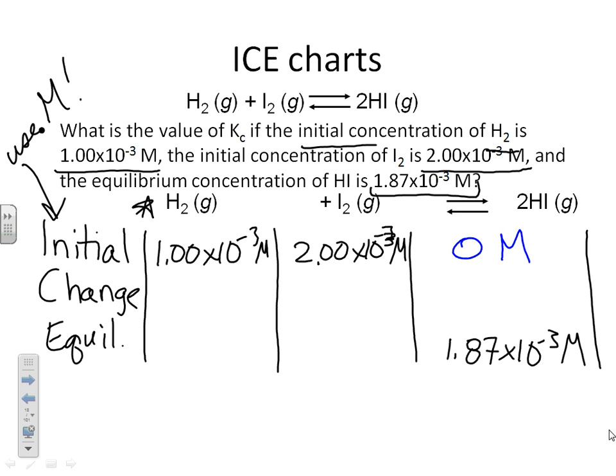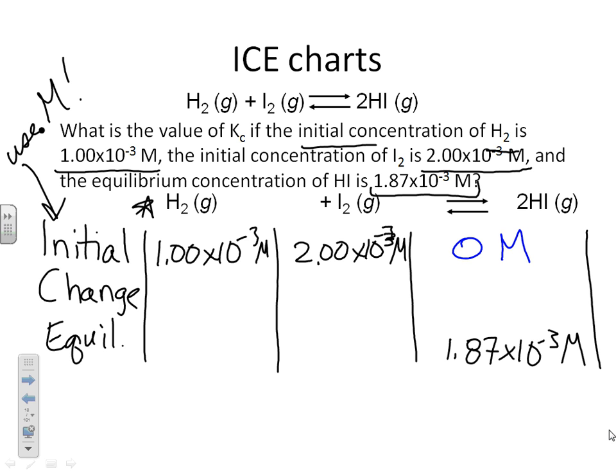We will get to questions later on where we are starting with product, but the problem will very explicitly tell you that. So if the problem says nothing at all about starting with a certain amount of product, you know that you are starting with 0, that you have nothing, no HI to begin with. Basically, we're starting with the hydrogen and the iodine, and we're letting them react to create the HI, but we don't have the HI until they do react. So we're starting at 0.